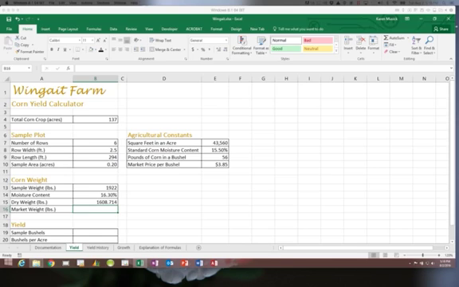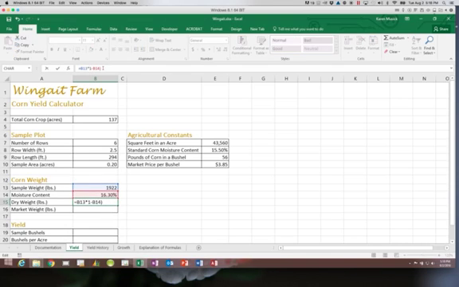Now, if we did not have the parentheses, I'm going to take them out so you can see how this would work. We get a very different answer. So just be aware that those parentheses are definitely important.